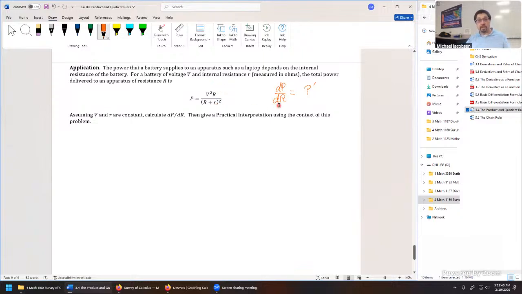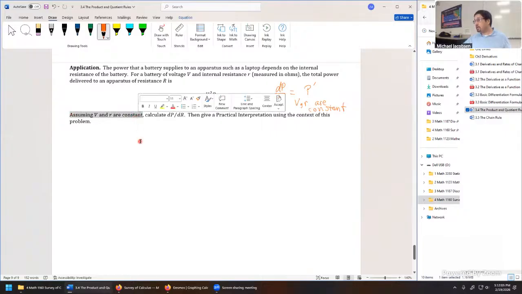So we write it this way, what it's also telling us is V, lowercase r, are constant. The actual variable of our derivative is uppercase R, so it plays a role like x in the problems that we were just dealing with.